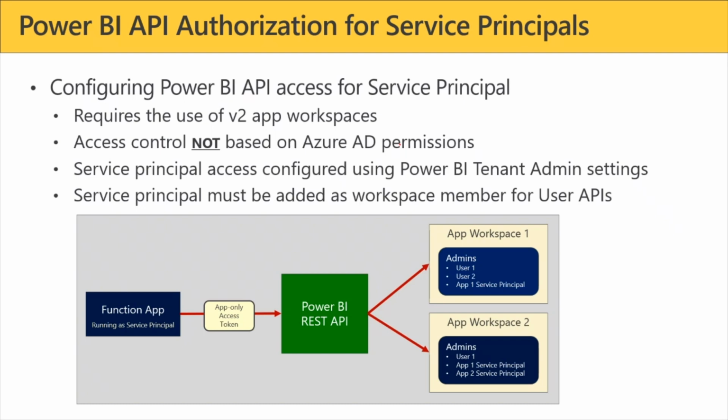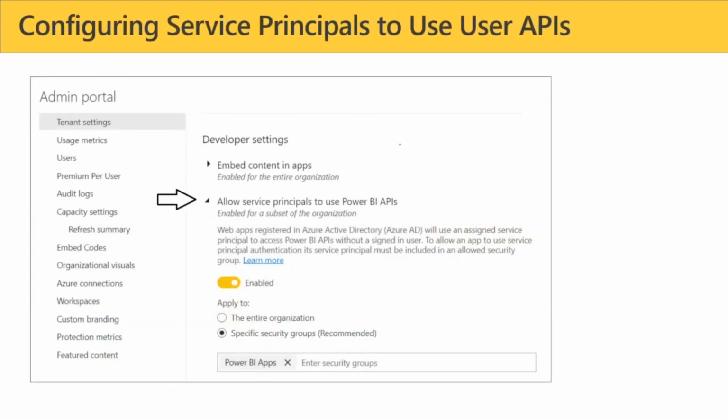And also, if your service principal is given access to the Power BI APIs, which is just the user APIs, it can only see workspaces in which it has been made a member. Now, let's say that you wanted to have just the ability to use the user APIs. So you want your function app to be able to access a workspace and add content.